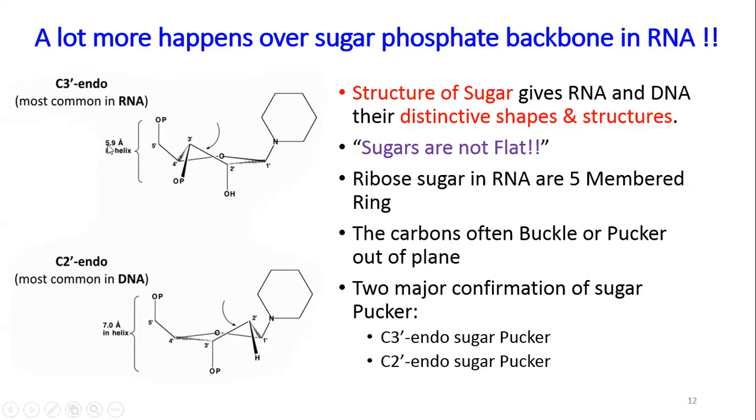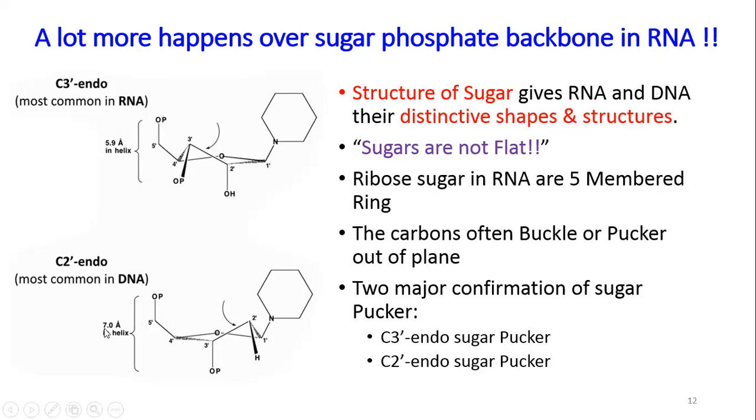It is about 5.9 angstrom in an RNA helix, while in case of your DNA molecule, it is the 2 prime carbon atom from your sugar that moves out of the plane. Since this 2 prime carbon atom is not associated with the phosphate, the interphosphate distance in case of DNA is longer.